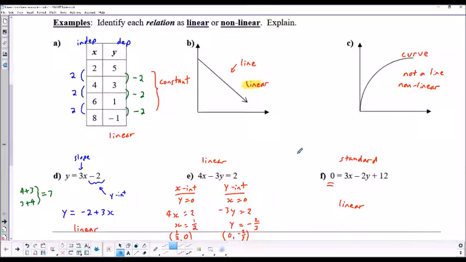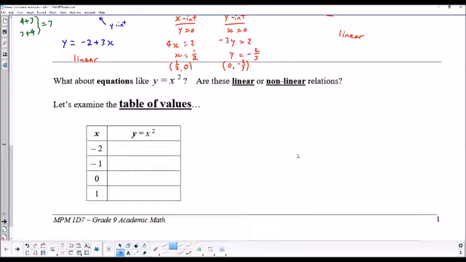Okay, so now we move on to some other function. Well, it is called a function, but we have some other relation here, and this relation is y equals x squared. And we want to take a look to see, well, is this going to be linear or not? So if we were to take this value of x and substitute it in for y here, we know y equals, well, x is negative 2, and that's squared.